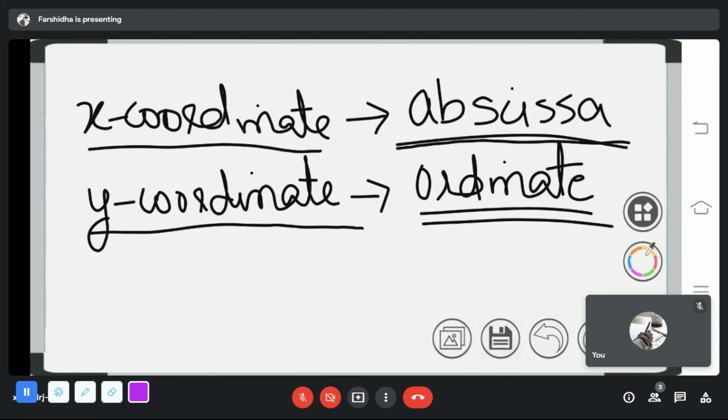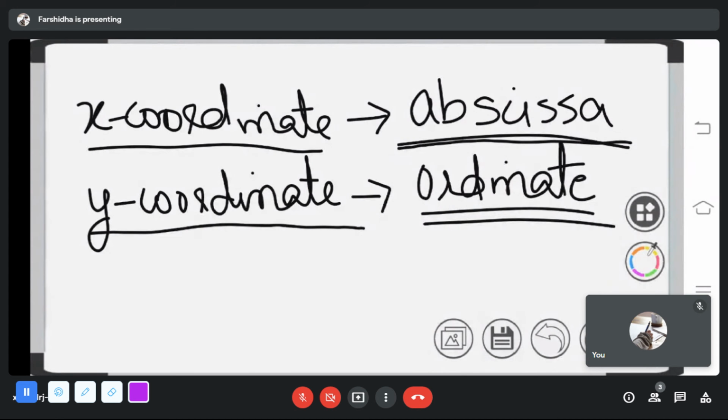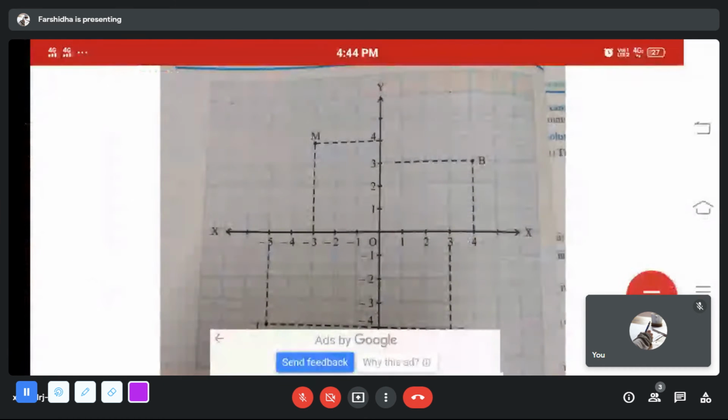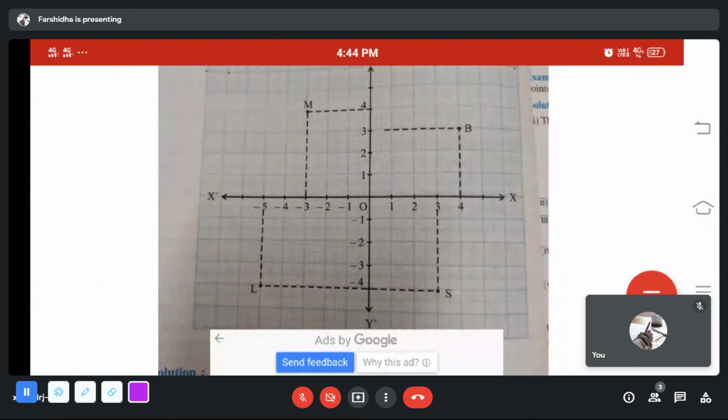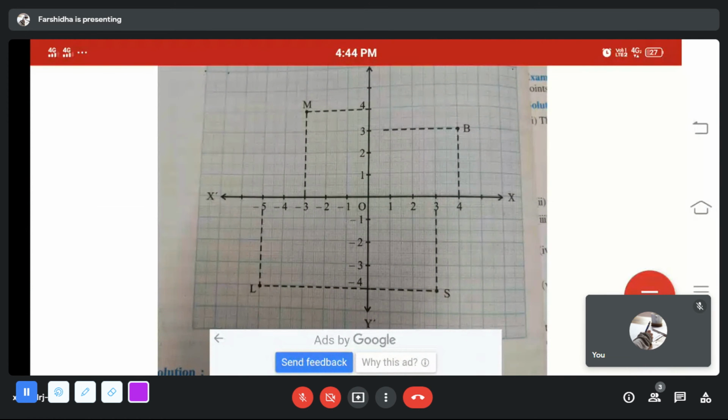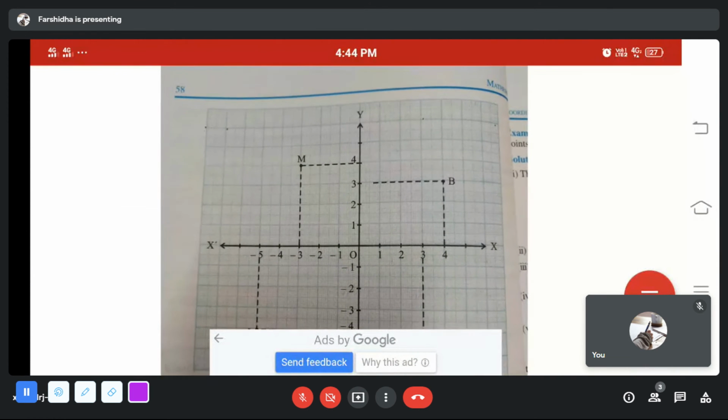Okay, now you come to page number 57, example number 1. In example number 1, in the next page you can see one figure like this, figure 3.11.